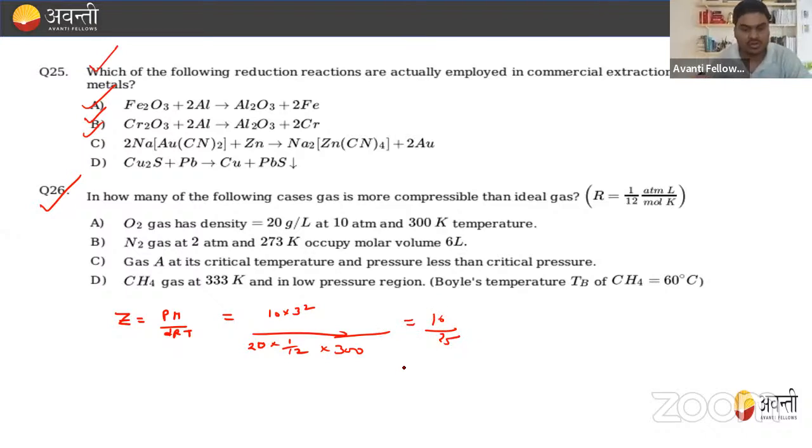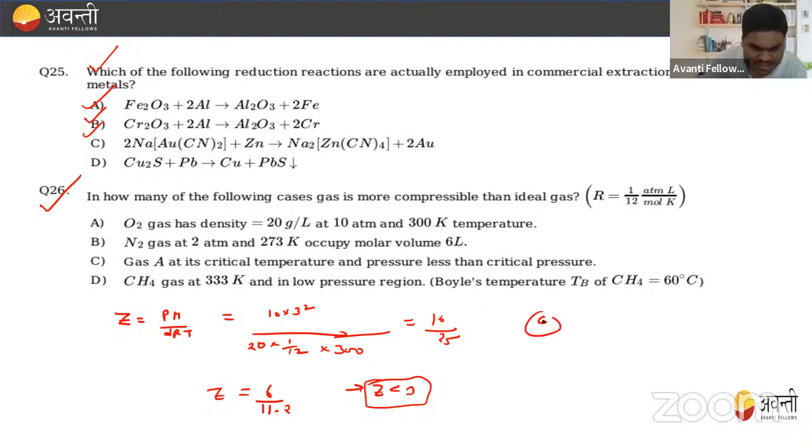So it will come out to be 16 by 25. So O2 shows negative deviation. Next, Z is 6 by 11.2. It means Z is less than 1. So if Z is less than 1, it will show negative deviation, right? It will show negative deviation.